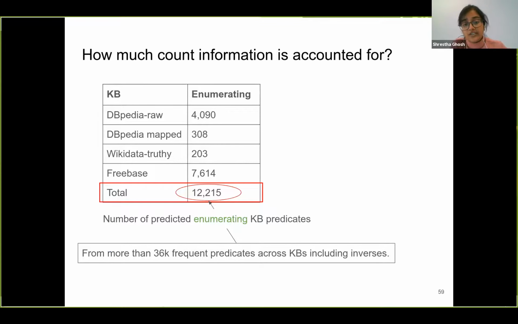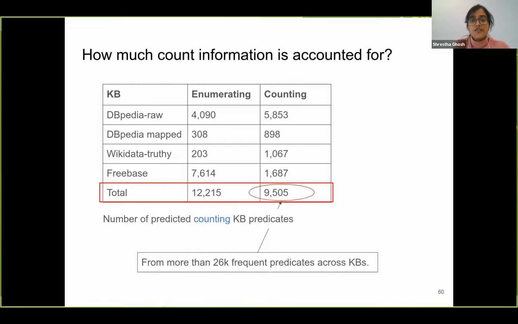In the knowledge bases, we see that around 12,000 predicates were predicted as enumerating. These are across different knowledge bases, DBpedia, Wikidata, and Freebase, and come from around 36,000 frequent predicates. For the counting predicates, there are around 9,000 of them.